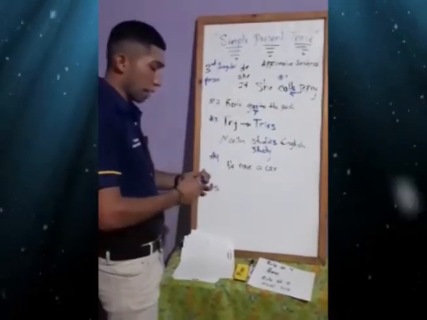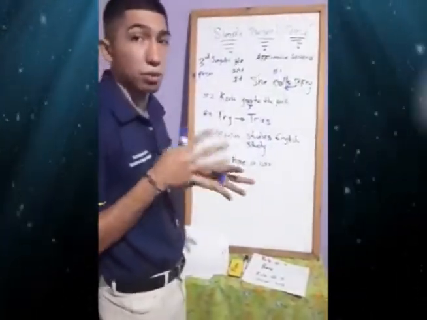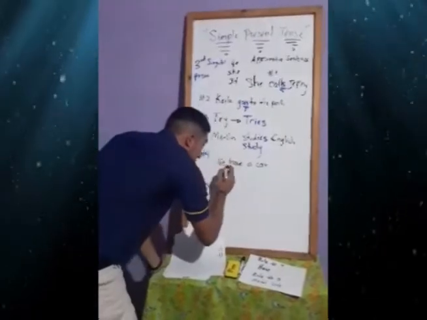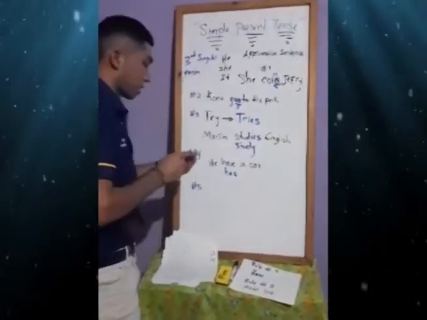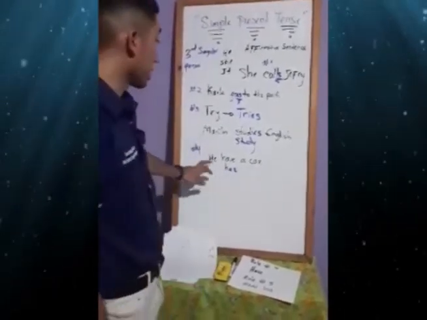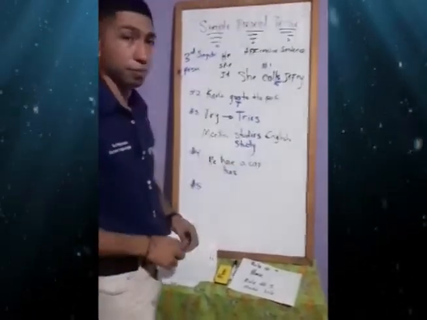It means that the verb have changes a little. The correct form is he has a car.